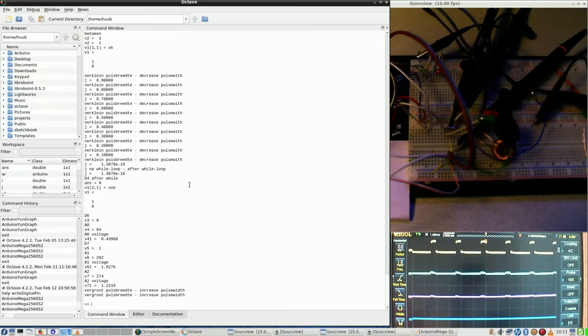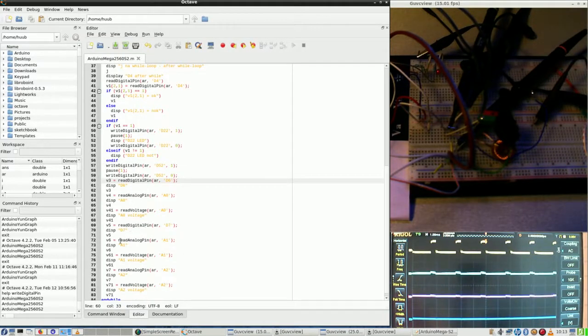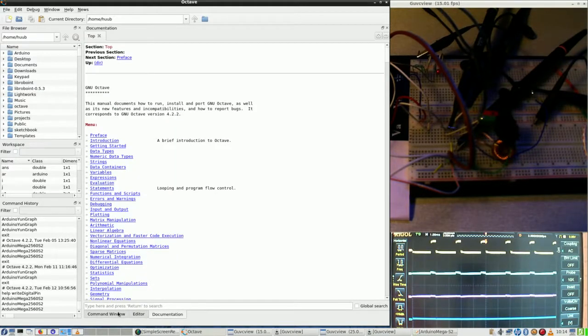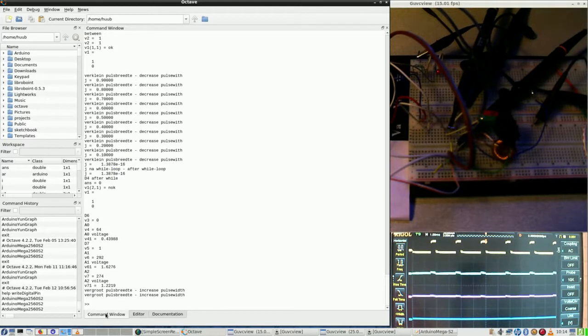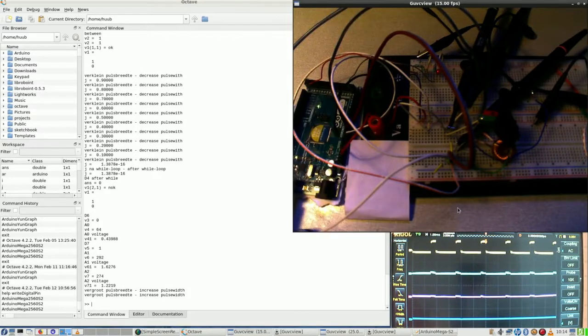Why is the second loop mostly not okay and sometimes okay? And what is the difference then between read digital pin and read analog? Read analog pin and read voltage. According to the documentation, they are both reading voltage. Really? Okay. Adding to mystery.